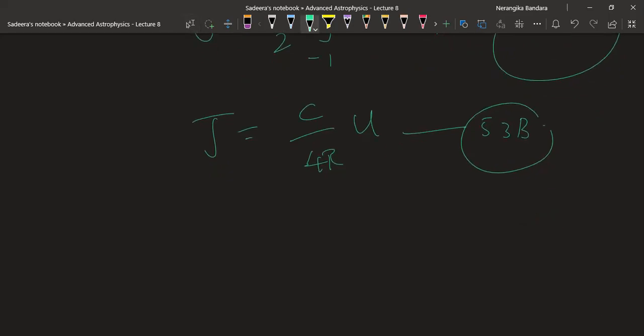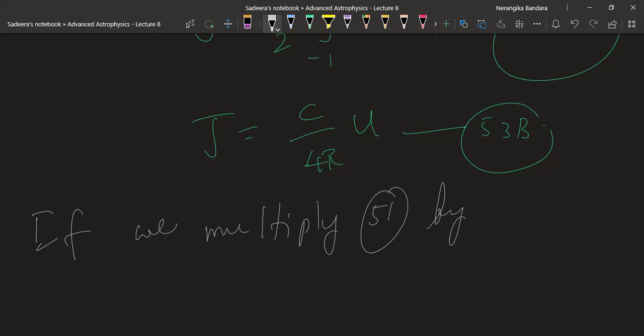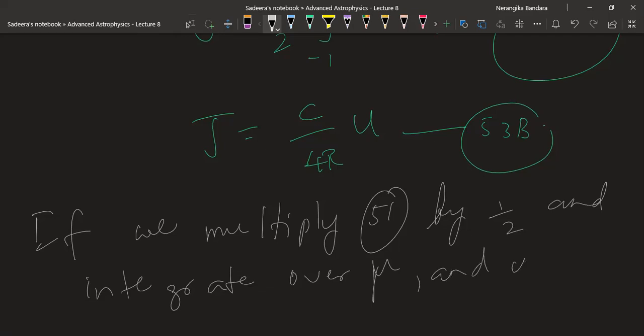And if we multiply equation 51 by half and integrate over mu, and on top of that, if you use equation 2, now you're going to have to do this yourself.